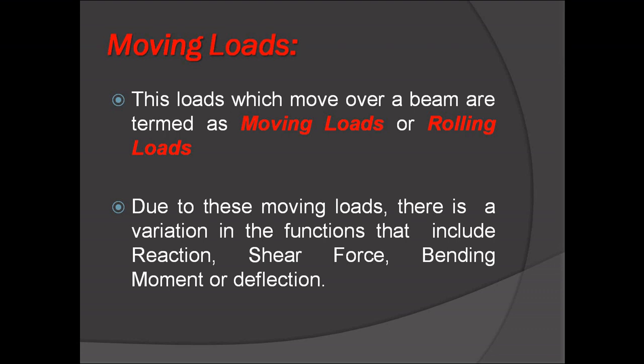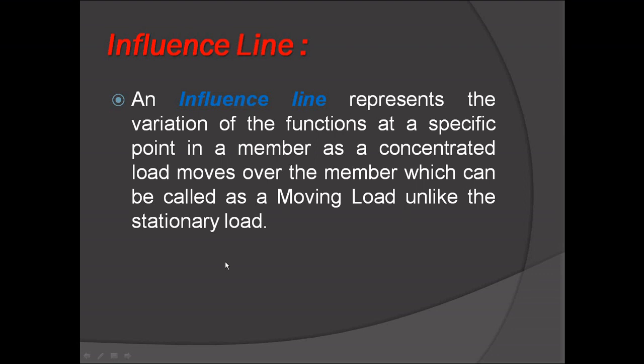So due to these moving loads, there is a variation in the functions that include reaction, which we have discussed just now, shear force, bending moment or deflection. Fine. So what is an influence line?